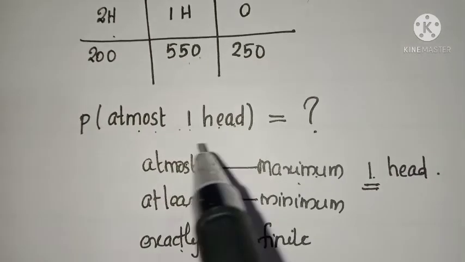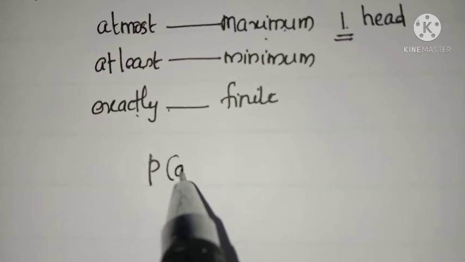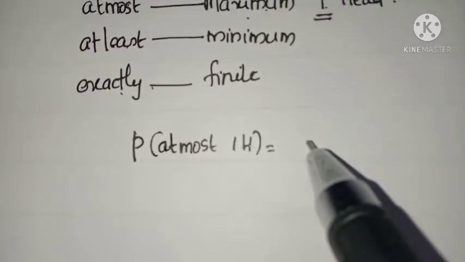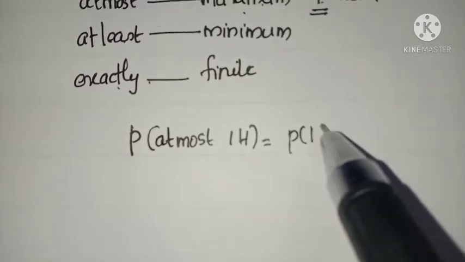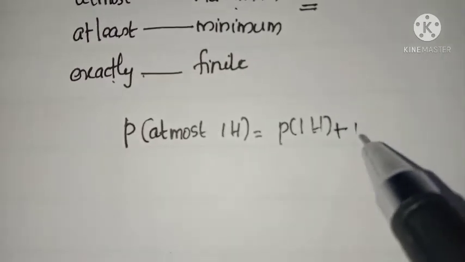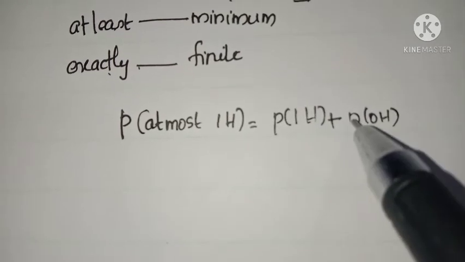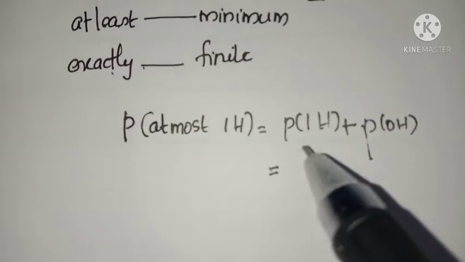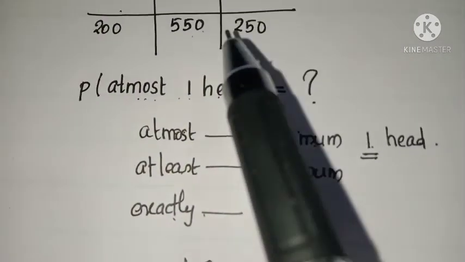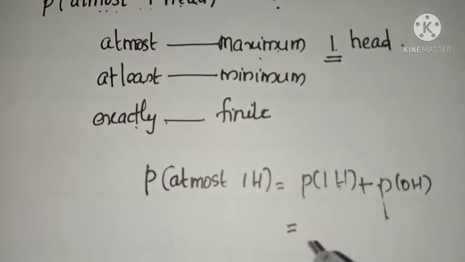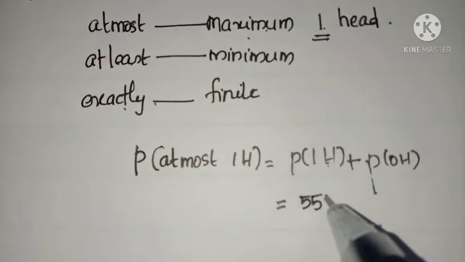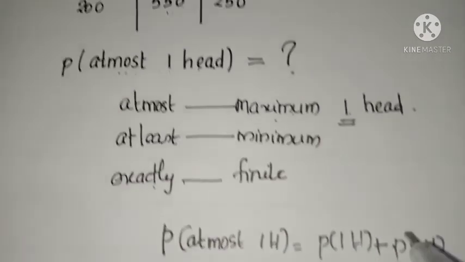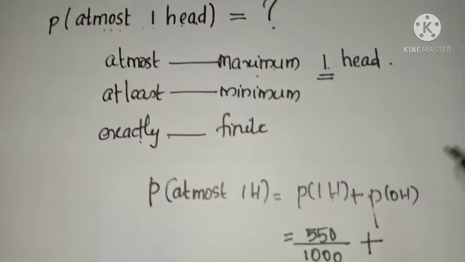So P of at most one head is equal to P of one head plus P of 0 head. Listen, one head appears 550 times. So favorable number 550 and total number of trials is 1000. And 0 head obtained 250 times.